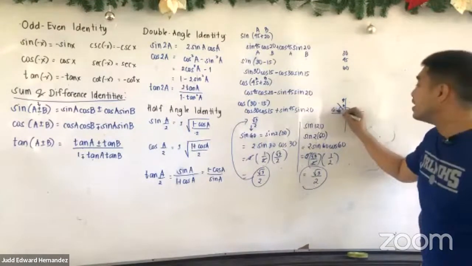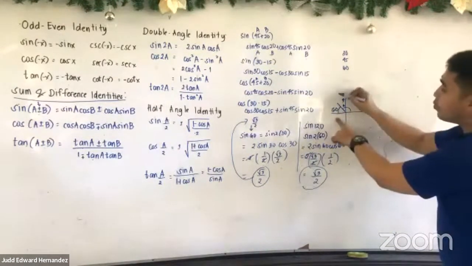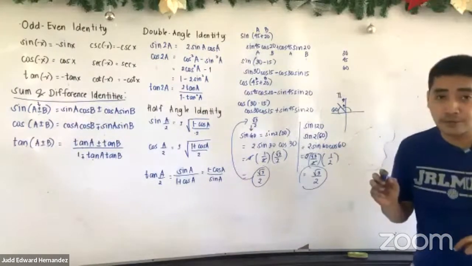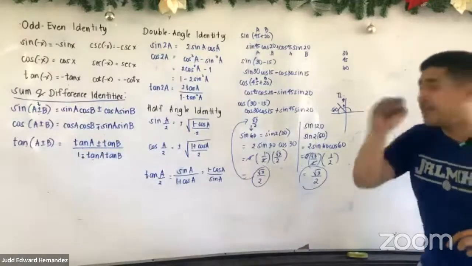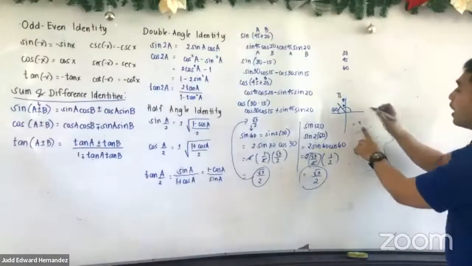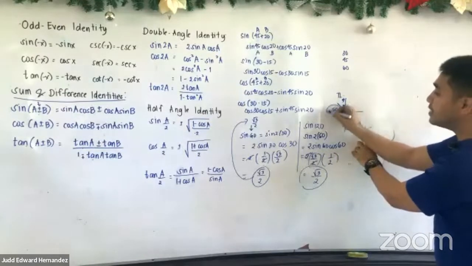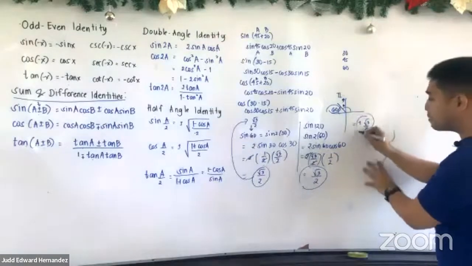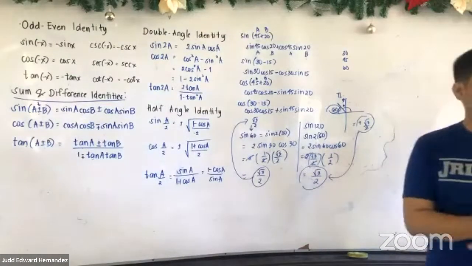Therefore, this is quadrant 2. In quadrant 2, is sine positive? Yes. Sine is positive. Therefore, the answer must be positive. And sin 60 is square root of 3 over 2. Do we have the same answer? Yes, we will be getting the same answer.